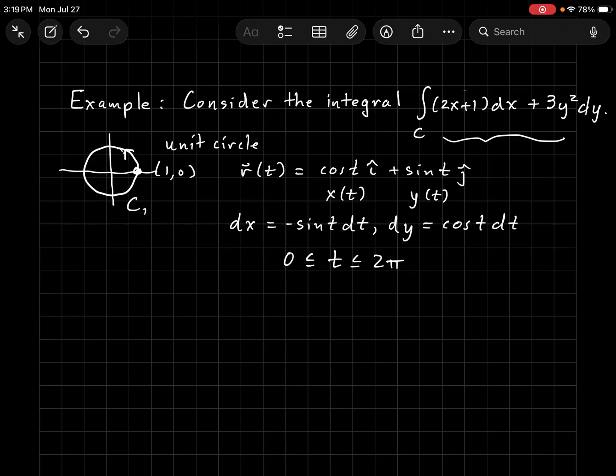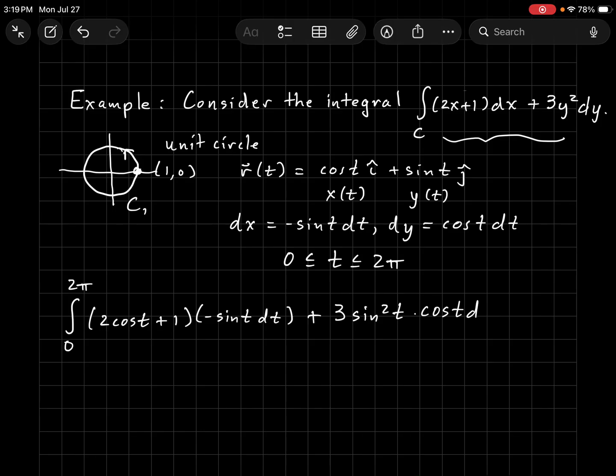So let's start plugging in. Our integral becomes the integral from 0 to 2 pi of (2 cosine t plus 1) times dx, which is negative sine t dt, plus 3 times y squared, where y is sine t, so 3 sine squared t, times dy, which is cosine t dt.